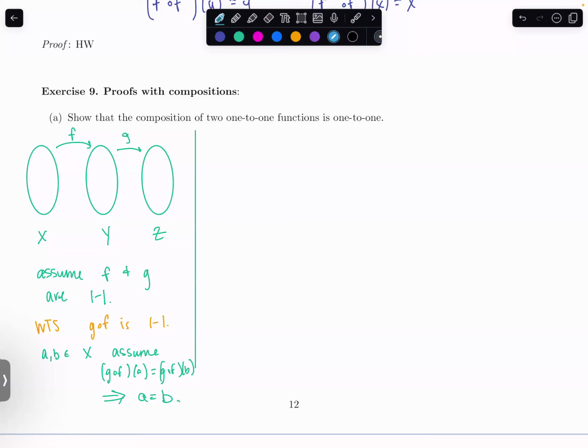All right, so we're going to write a proof. We will do the work in the proof in a minute, but this is sort of the idea. We want to show this function that goes from here to here, which is g of f, is 1 to 1. All right, so we are going to let f from x to y and g from, say, y to z be 1 to 1 functions.